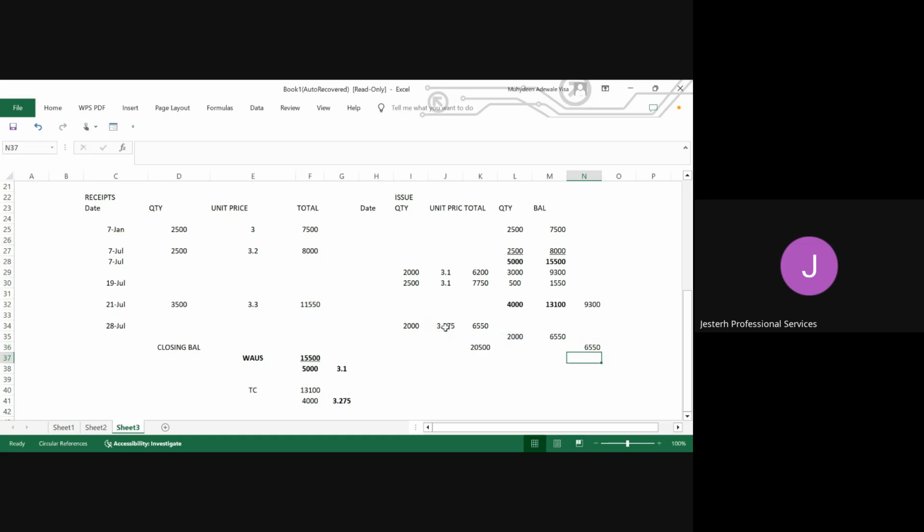We are still going to arrive at the same thing. But to be on the safer side, if you are in the exam, so that it will not get confused, just decide to minus the total of what you have in the store before from the total of what you issue out. You are still going to get the same thing. So I believe you get this one correctly.